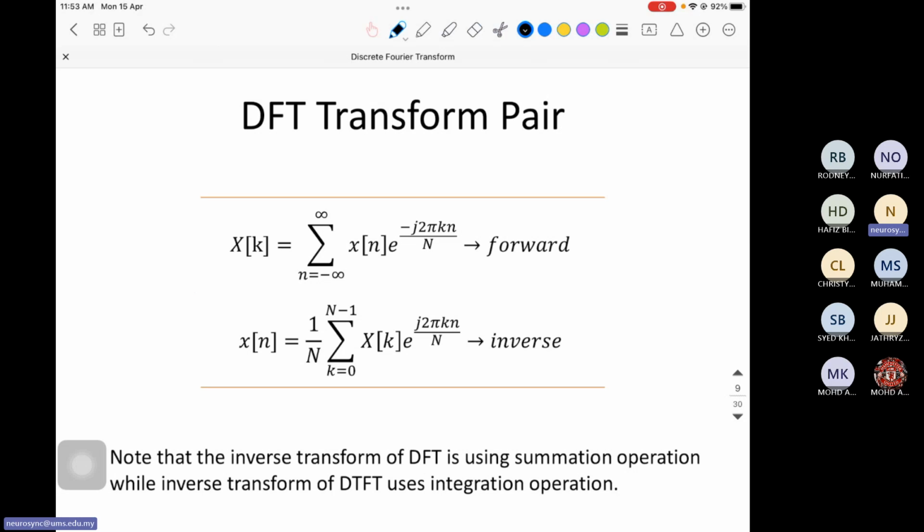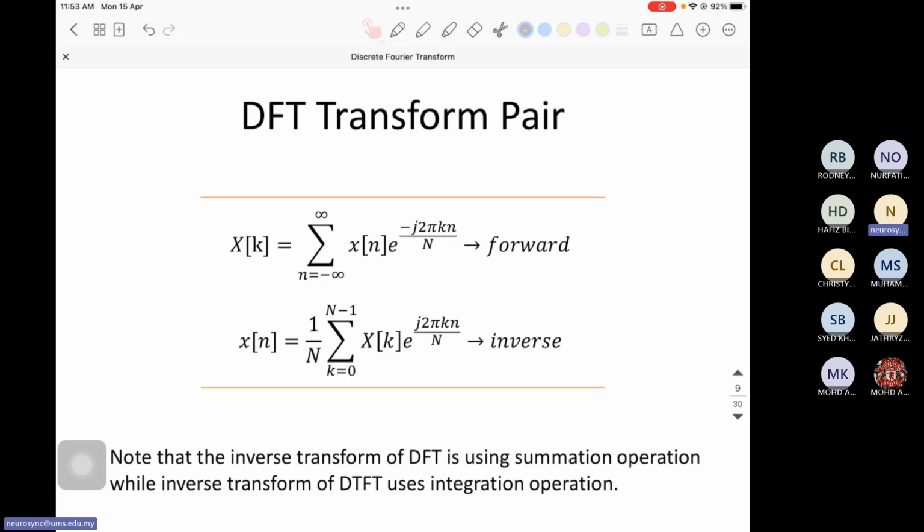This is the formula to get the DFT of x of n, the forward discrete Fourier transform.